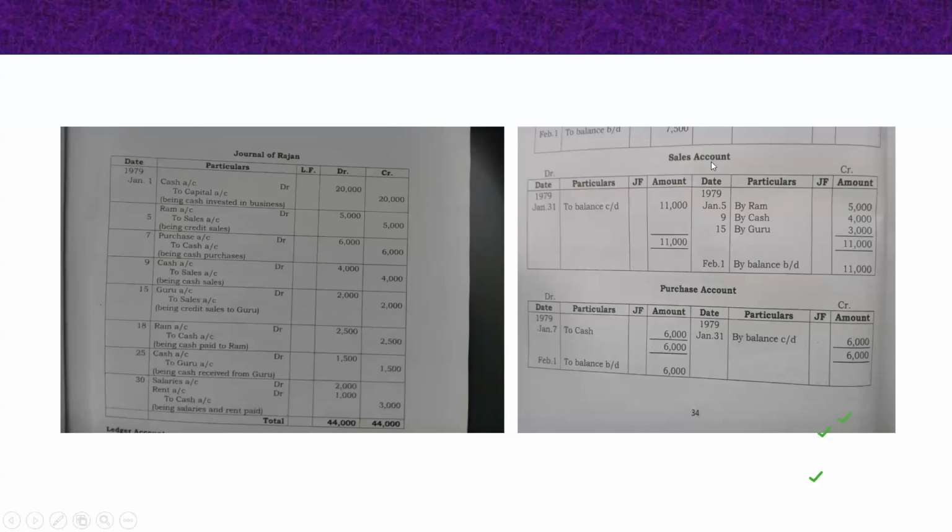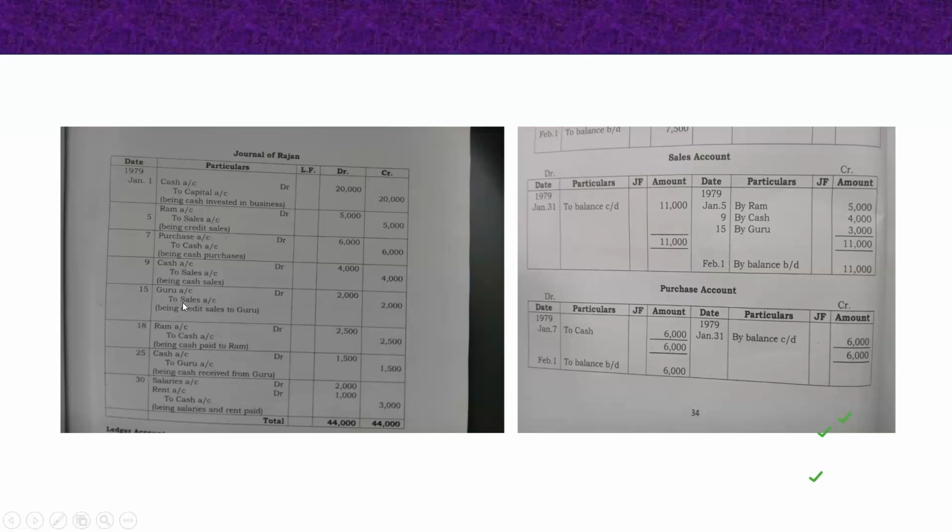Next is the sales account column, the next ledger posting. Here, whatever sales we have done: to Ram, 5,000 worth of goods has been sold. And again, there is a cash sale for 4,000.